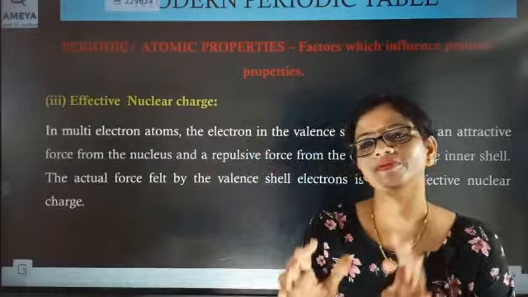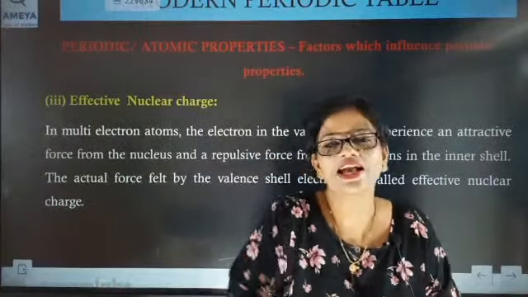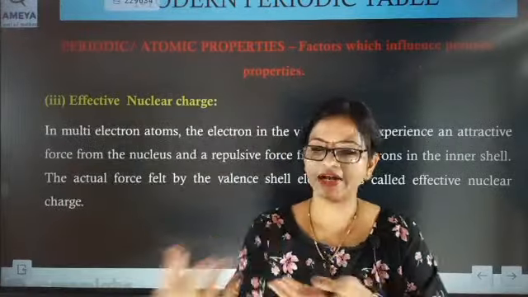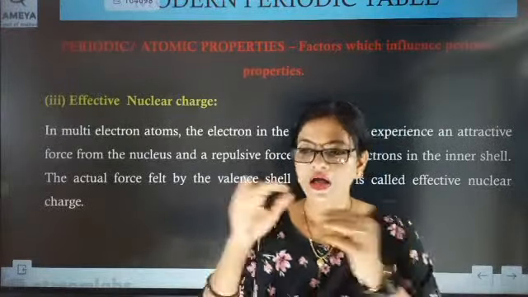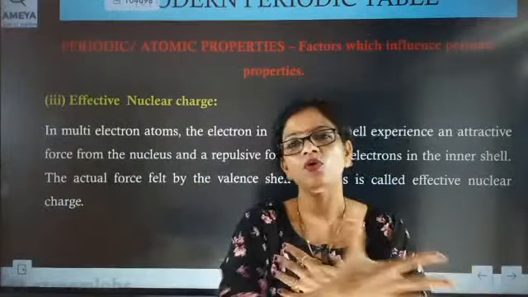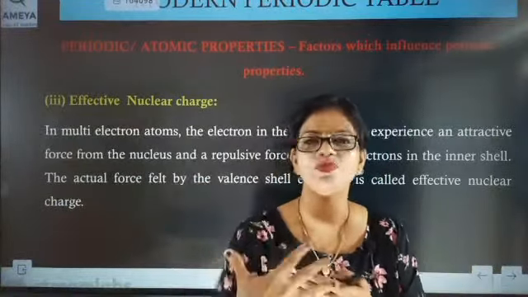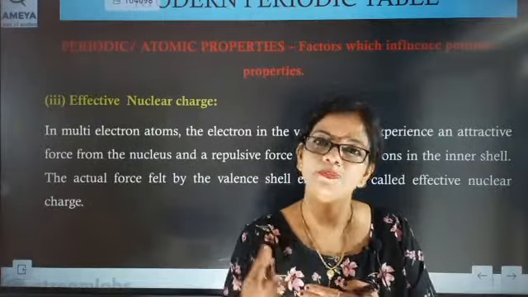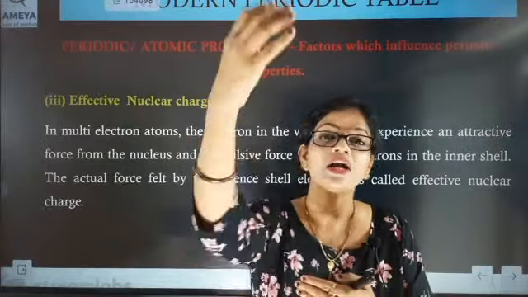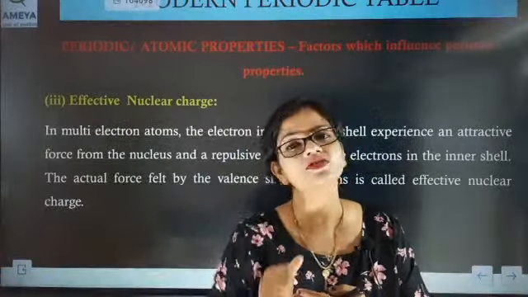So after the repulsive force because of the electrons, did you understand this point, beta? The valence shell electron, the outermost orbit electron, is experiencing a repulsive force because of the electrons present in the inner orbit, and an attractive force because of the presence of the nucleus.